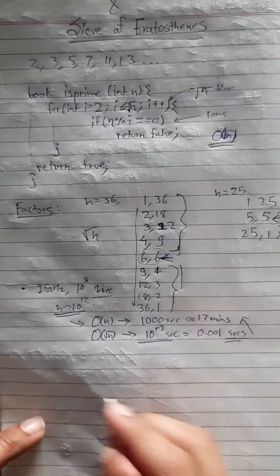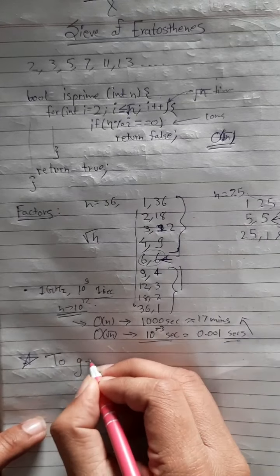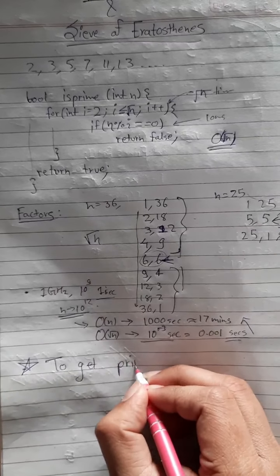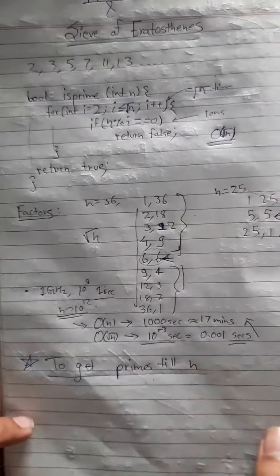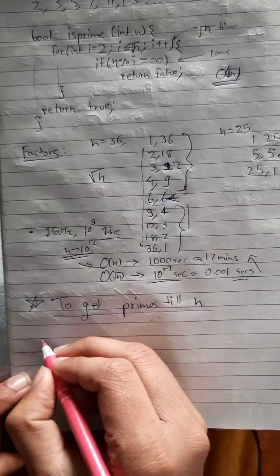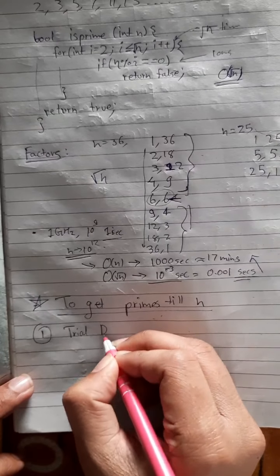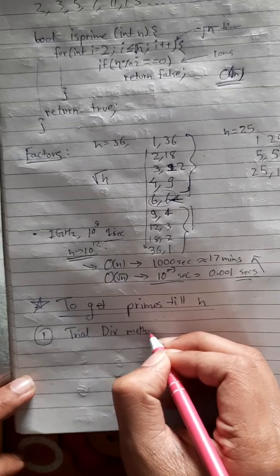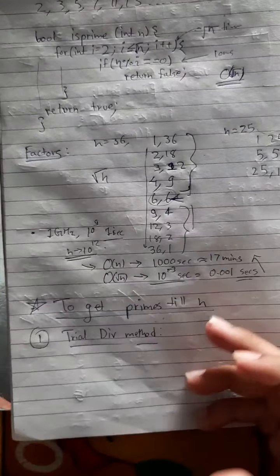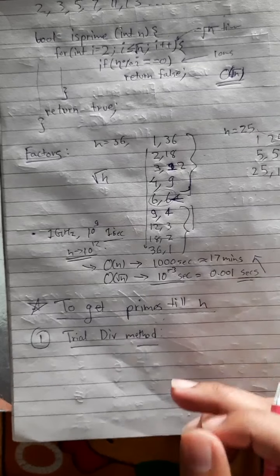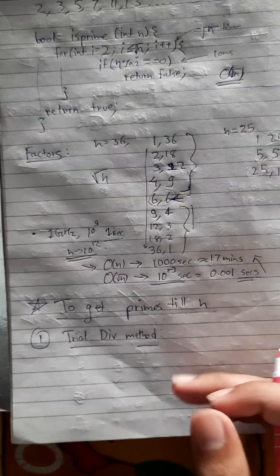Now another type of problem is that we have to print primes till n. So this is our objective for now. The first method we can use is the trial division method. What this method does is take numbers till n, check if each is prime or not, and if it is prime we give the output.